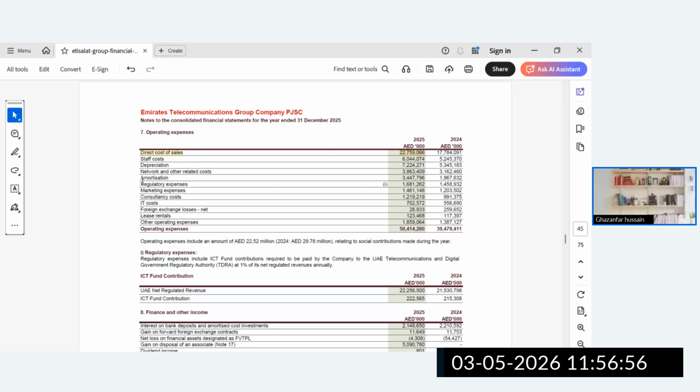What are we going to treat that as? For this figure, we need the standalone. So let's take this figure, because this will be the practical use case, that routinely we look into in the financials. So the direct cost is 22.7 million, but here the note mentions this point also.